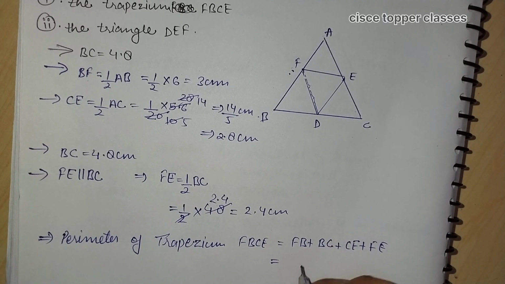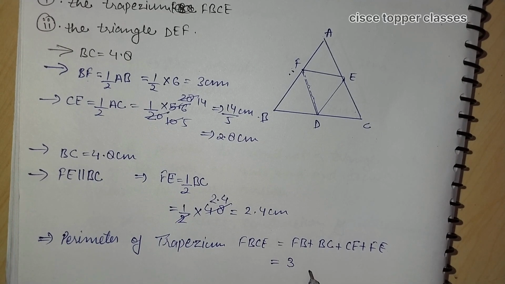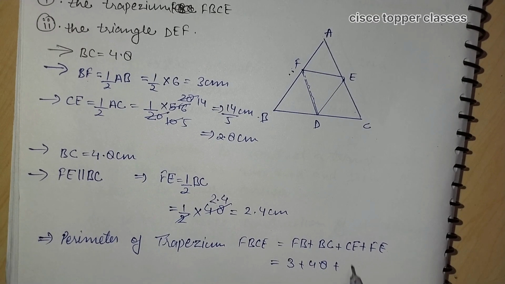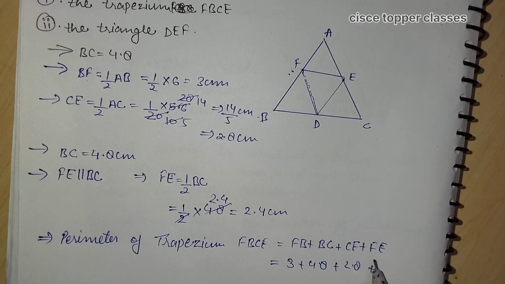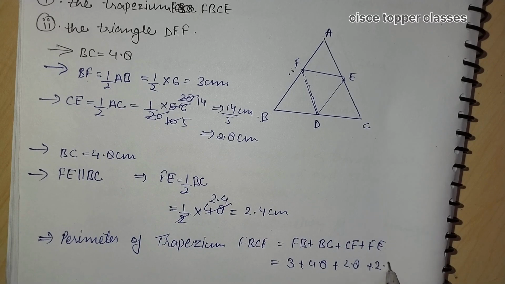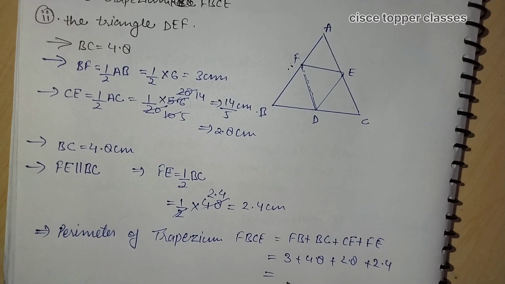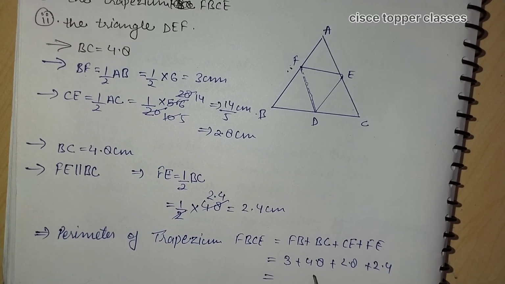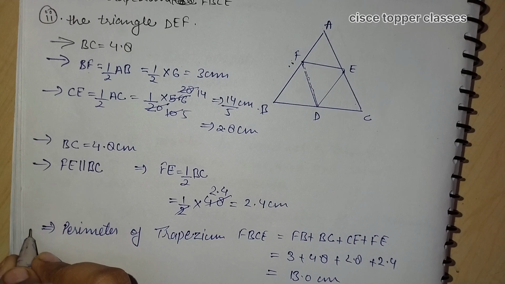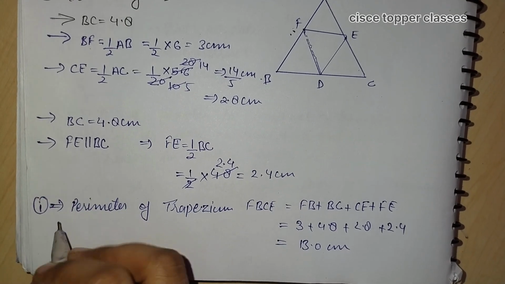FB is equal to 3 centimeter and BC is equal to 4.8 centimeter plus CE is equal to 2.8 centimeter and FE we have found here as 2.4. We will add all these. On adding we will get 13 centimeter as the perimeter of the trapezium. So this is the first part which we have to find.